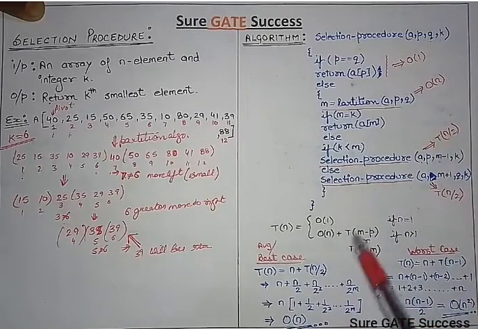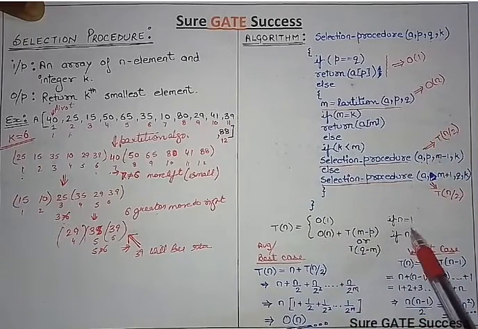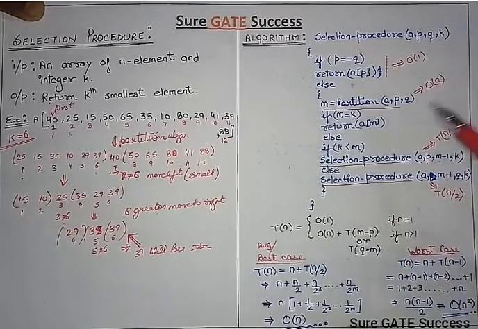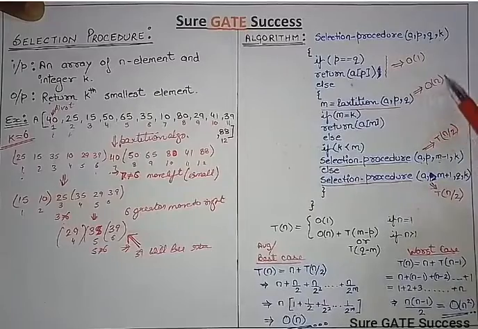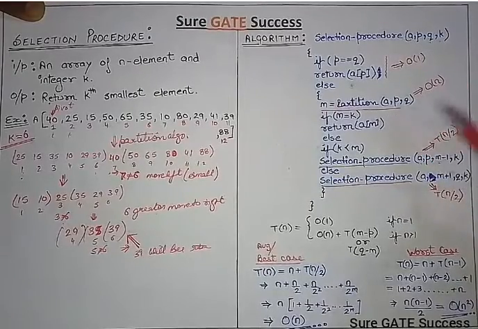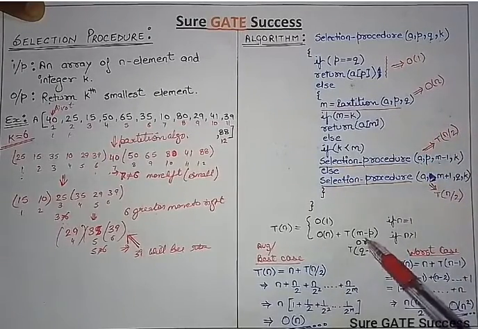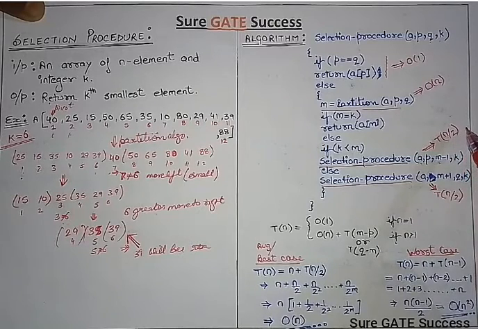So what will be the time complexity? Constant if n is equal to 1, and if n is greater than 1, order of n for the partitioning and T(n/2) for the recursion of the selection procedure.